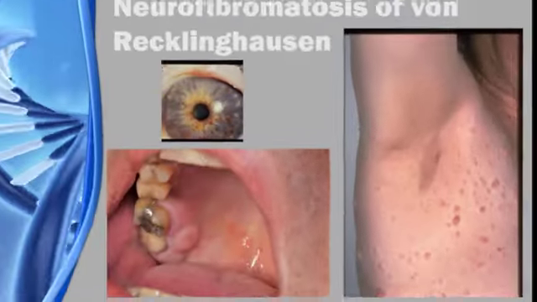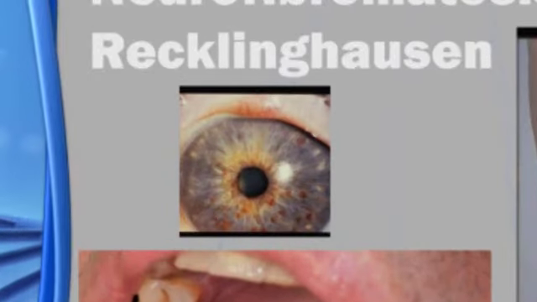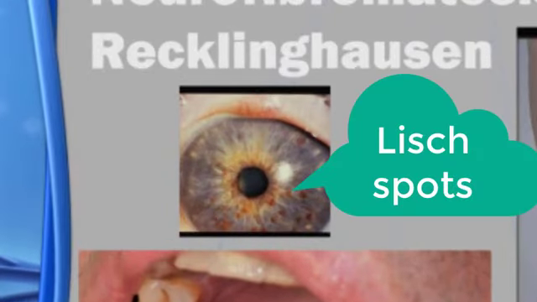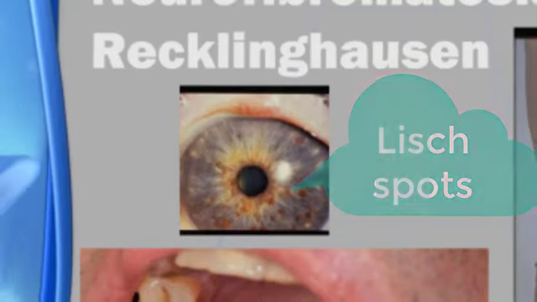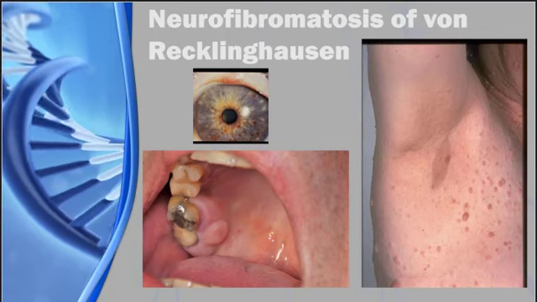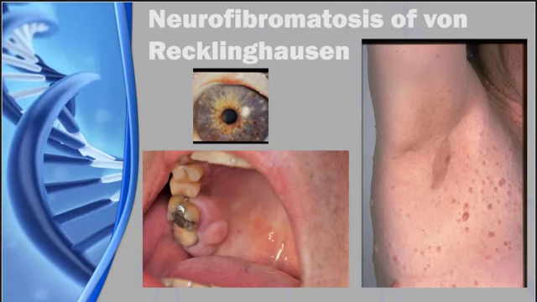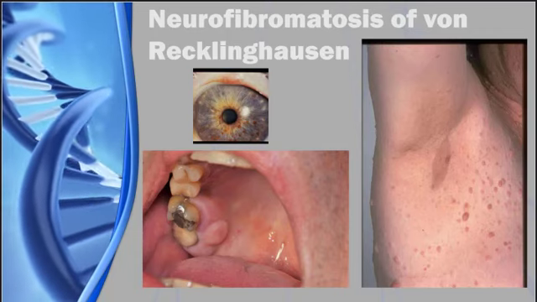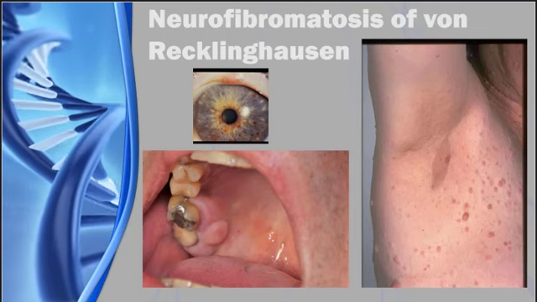They can also have freckling on their iris, which is known as Lisch nodules. Intraoral neurofibromas are seen in 25% of the cases, but excision is not always attempted since they typically have numerous and recurring lesions.